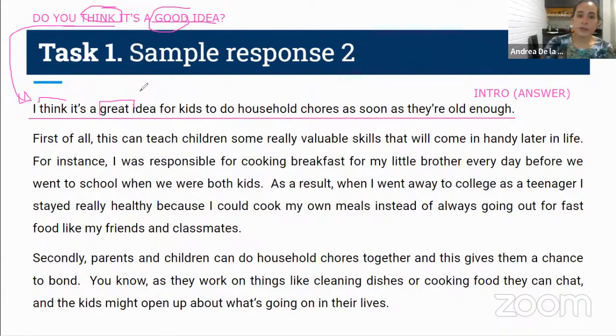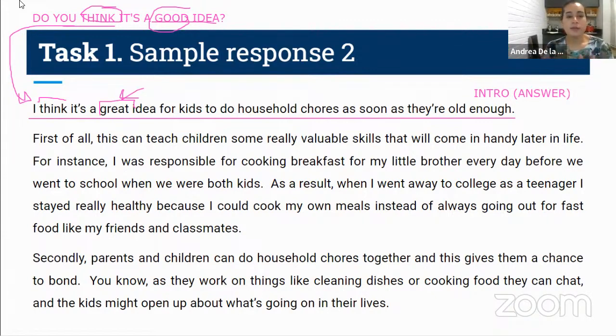So when I'm using those adjectives, I'm making it stronger. I could even use an adverb, right? And say, I think it's totally a great idea for kids to do household chores. And it isn't just what I'm saying, but the way that I'm saying it, right? Because I'm not saying, I think it's a great idea for kids. I'm saying, I think it's a fantastic, I'm emphasizing, stressing that word, you know?